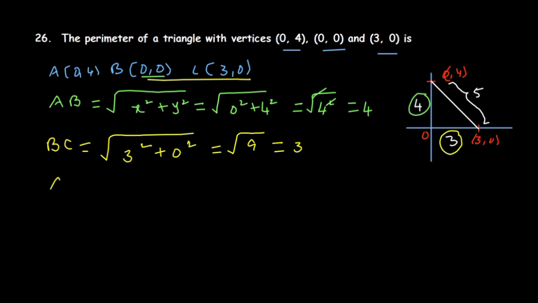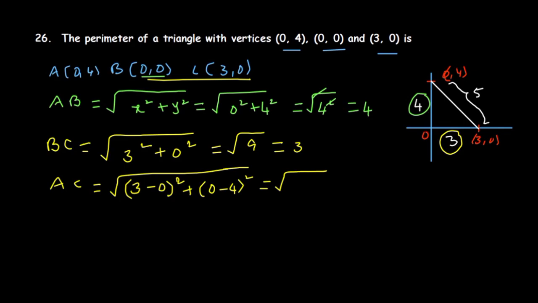And we should find the distance between AC. So this is root of x2 minus x1 whole square, the formula I am going to use. x2 minus x1 whole square plus y2 minus y1, that is 0 minus 4 whole square, that equals, this is 3 square, and here it is minus 4 square.